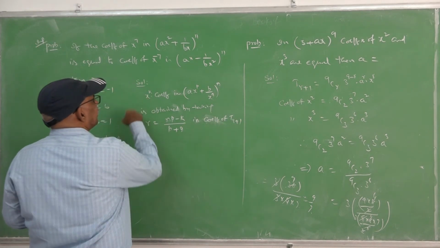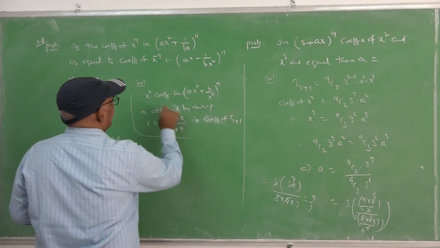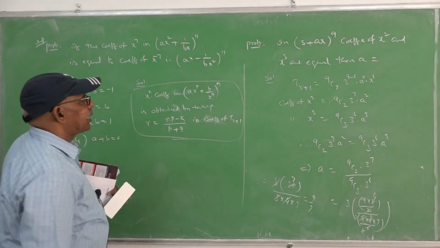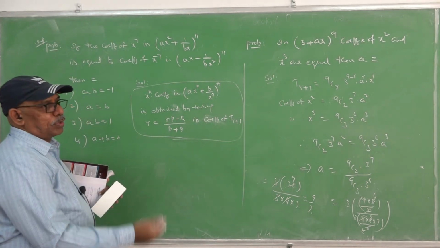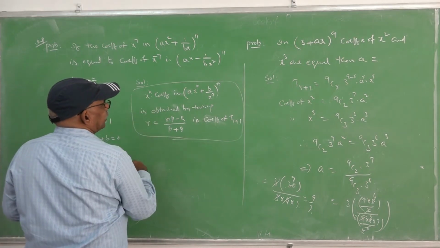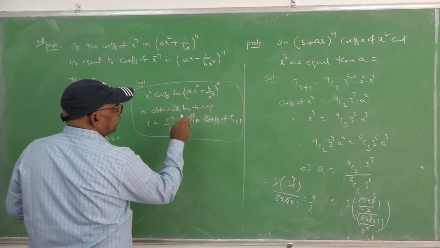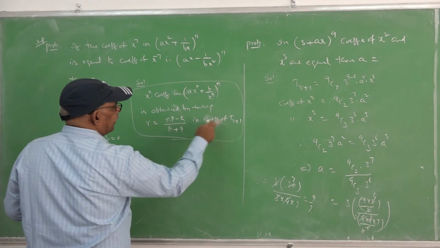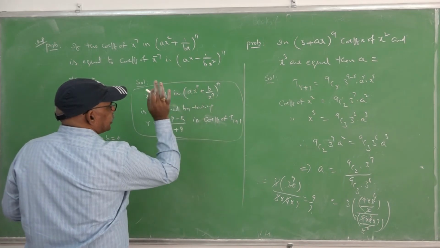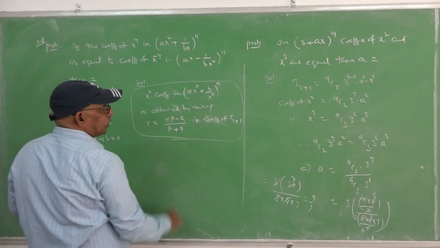That is the one important note. Provided that the expansion is in this form, a x power p plus b by x power q whole power n, the required x power k coefficient is obtained by the coefficient of t r plus 1, where r is (np minus k) by (p plus q), once it is an integer only.